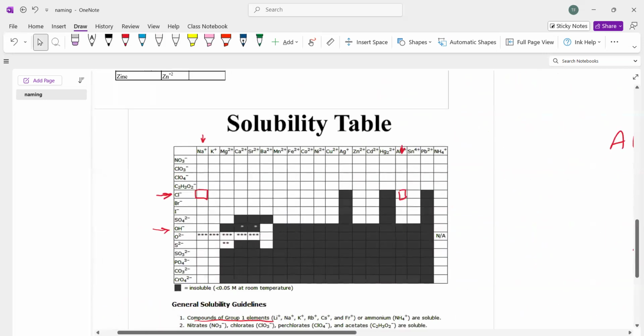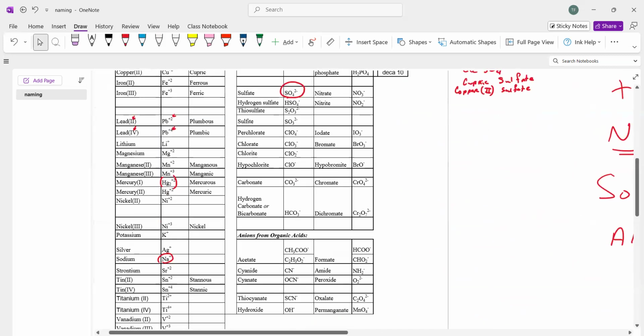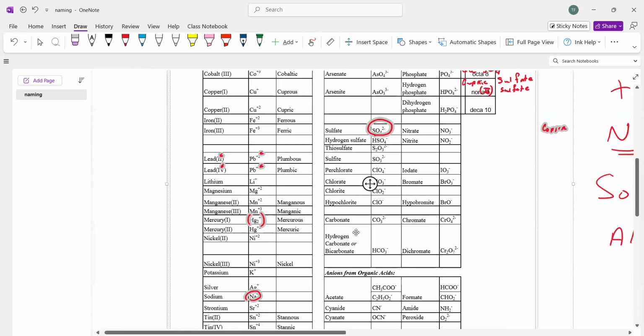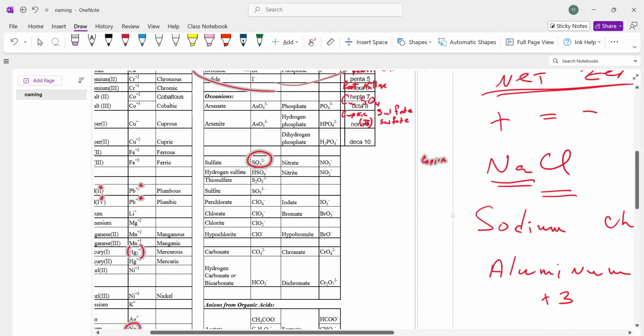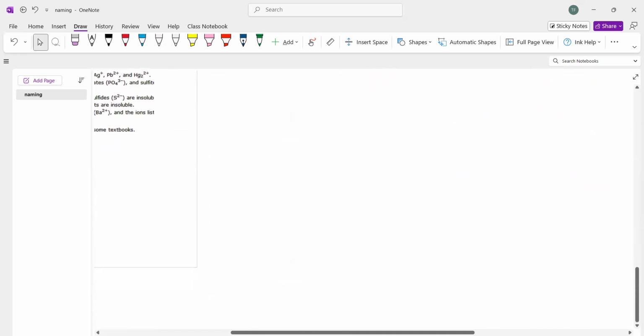Okay, so let's do some more ionic naming here. Trying to think of some of the, oh yeah. What is the name of the ion chart?